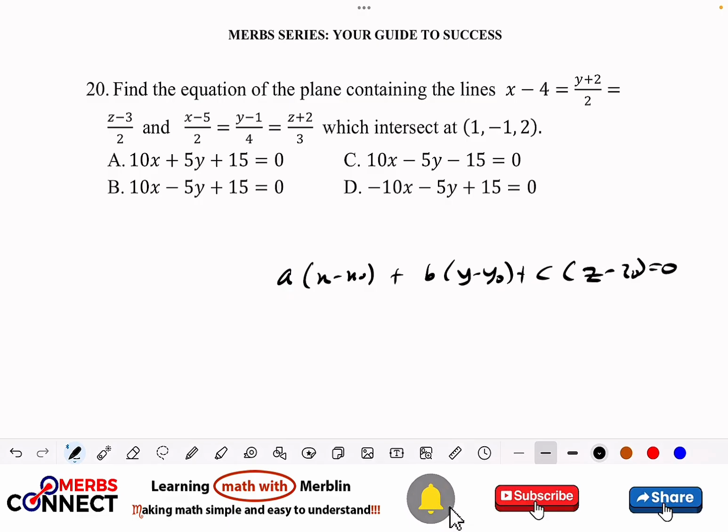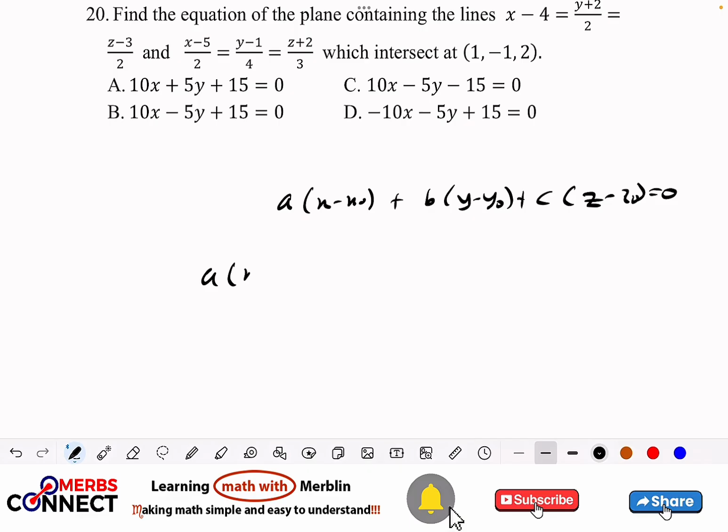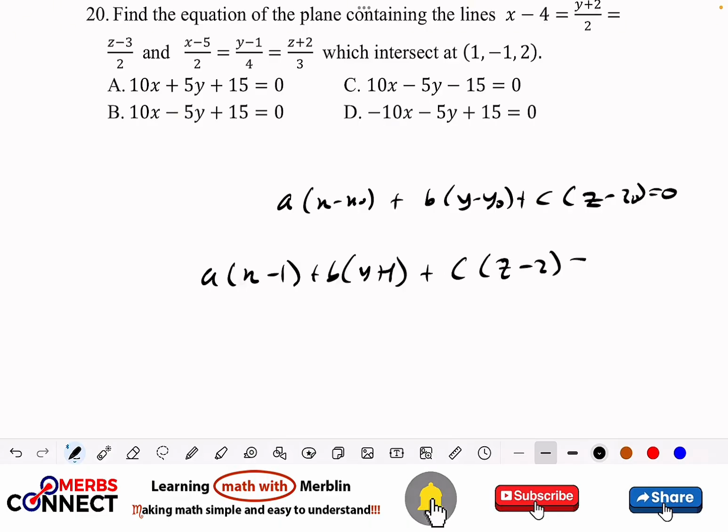Now note that intersection right here. So this is our x naught, y naught, z naught. So we are going to have a(x minus 1) plus b(y plus 1) plus c(z minus 2). So we just need to look for a, b, c, then we are done.